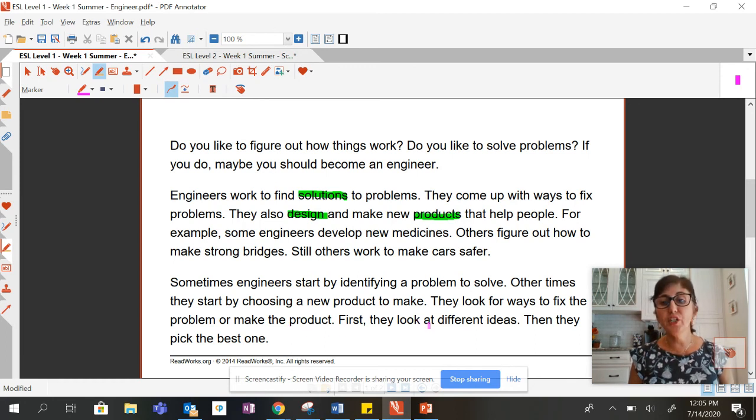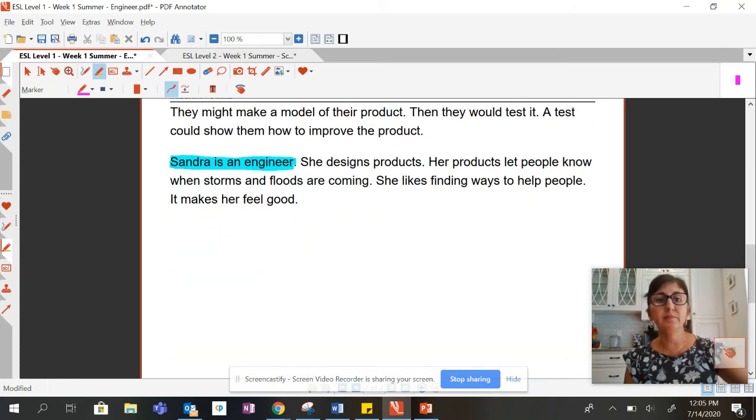First, they look at different ideas. Then they pick the best one. Next page. They might make a model of their product. Then they would test it. A test could show them how to improve the product.